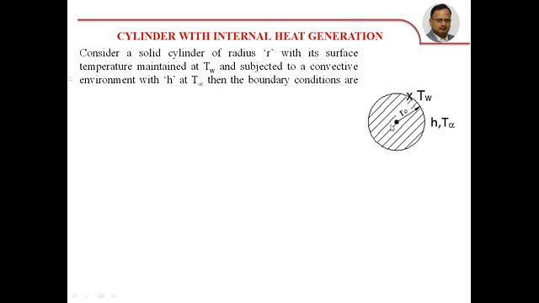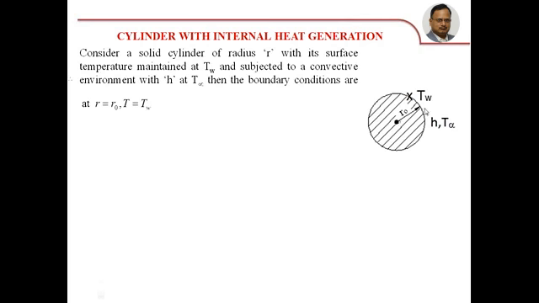Now suppose there is a solid cylinder like this with internal heat generation. Maybe current is made to pass through the center of a wire, and the surface temperature is maintained at TW, surroundings are at T alpha, and H is the convective heat transfer coefficient.